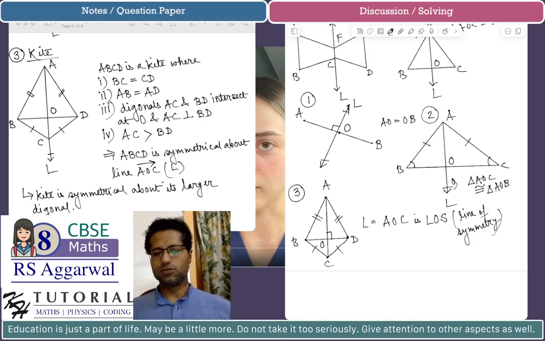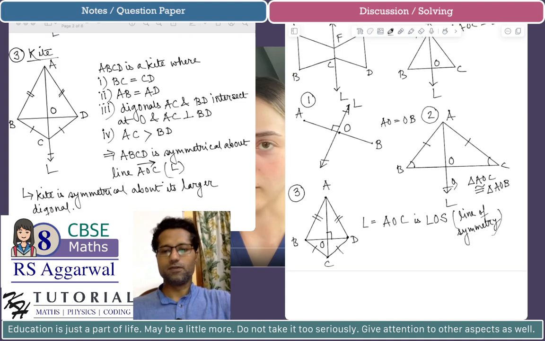So L, that is AOC, will be the line of symmetry, and why not BOD? Always remember that for a kite, the longer diagonal, or the larger diagonal, is the line of symmetry. It is never the smaller diagonal.